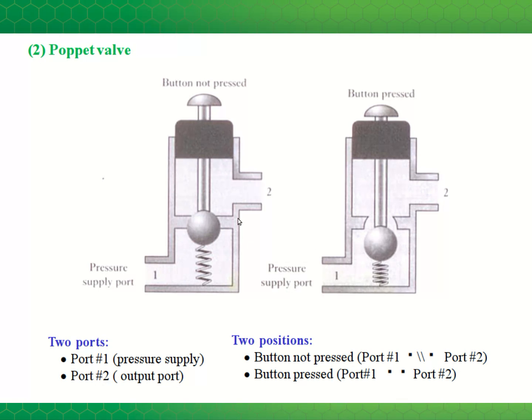This valve has 2 ports, the supply and output, and it has 2 positions. In one position, the ports are closed off, and in the other position, the ports are connected. So this idea of the number of ports and number of positions is important for valve classification.